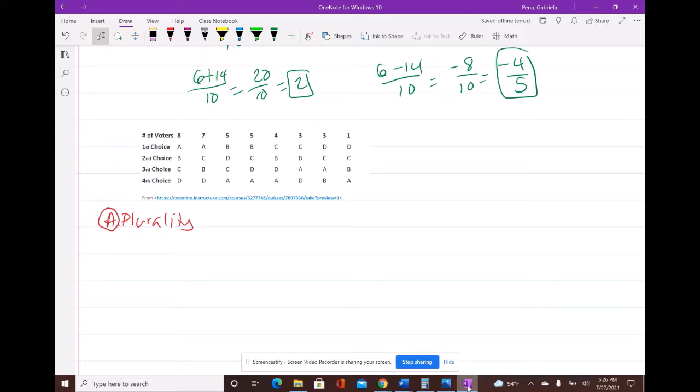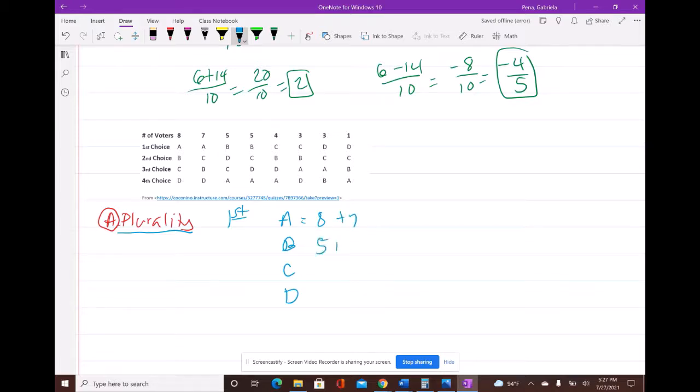All right, the next problem is going to be worth 24 points. So you guys need to understand how to do this because it's a biggie. The plurality method. I can't even say it. But this, you're looking for who has first places. So I'm going to put A, B, C, and D. And then I have, A has 8, then 7.